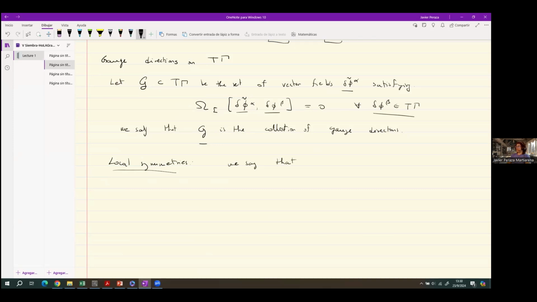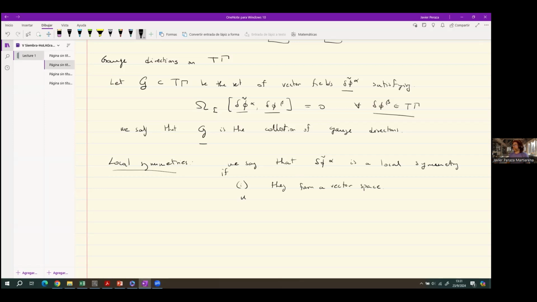So we say that delta tilde phi alpha is a local symmetry if, first of all, they form a vector space. That's a technical assumption, but of course we want that if we add two variations, it's going to be another variation.